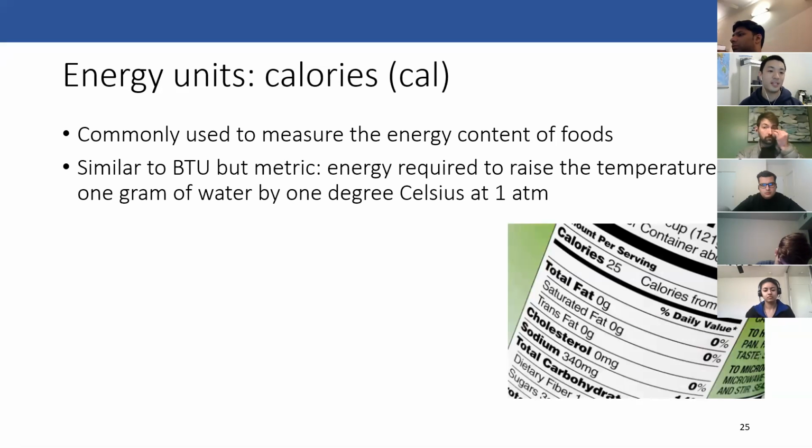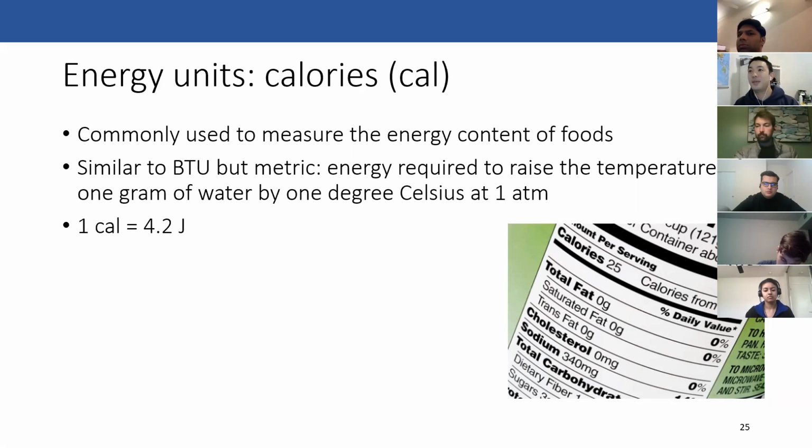Okay, it's very similar to BTU, but in metric, it's the energy required to raise the temperature of 1 gram of water by 1 degree Celsius at 1 atmosphere. So it's almost like the direct metric translation of a joule. And 1 calorie is equal to 4.2 joules.